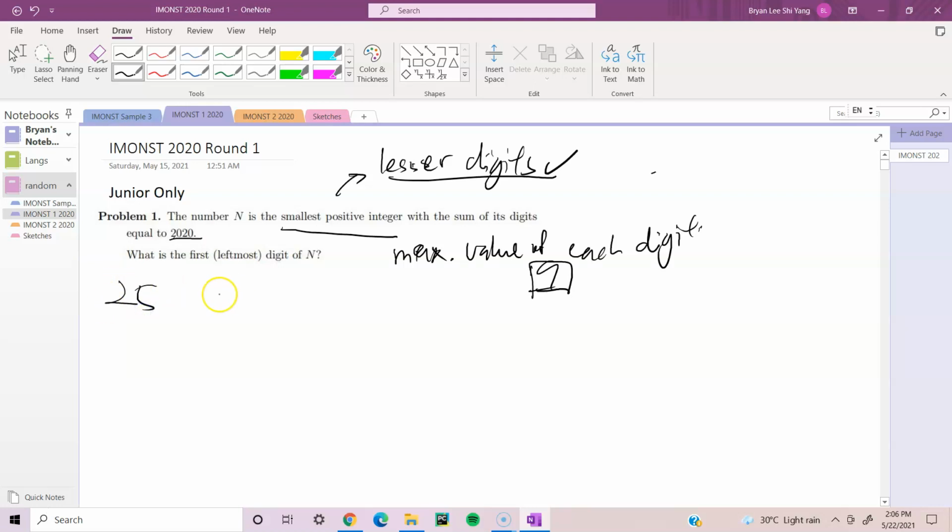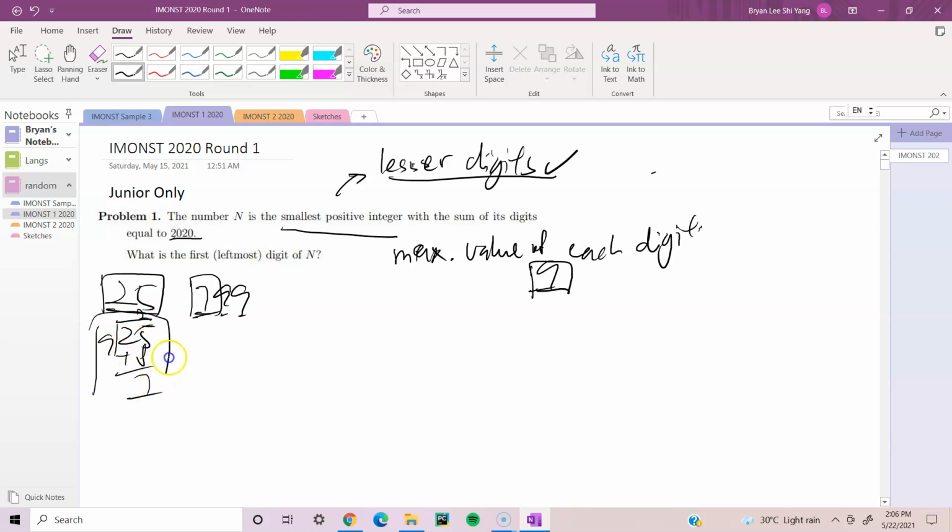If we want the smallest positive integer, of course we want 9s to appear here, and after having two 9s we're left with a 7, and then using these 3 digits we want the smallest positive integer. Of course, we want to put 7 in front. Also, you can see that 25, when divided by 9, leaves a remainder of 7.